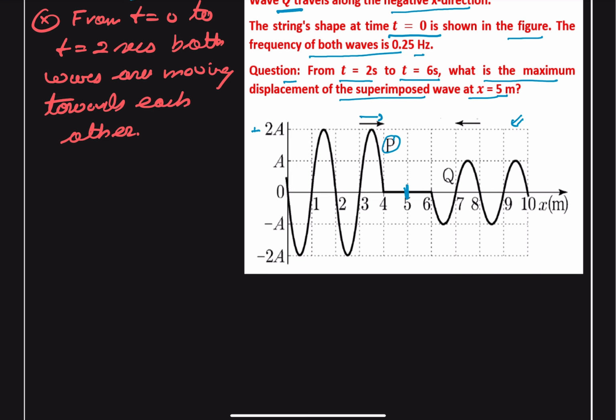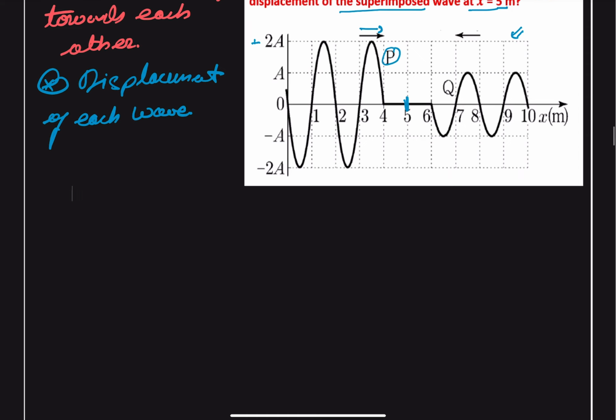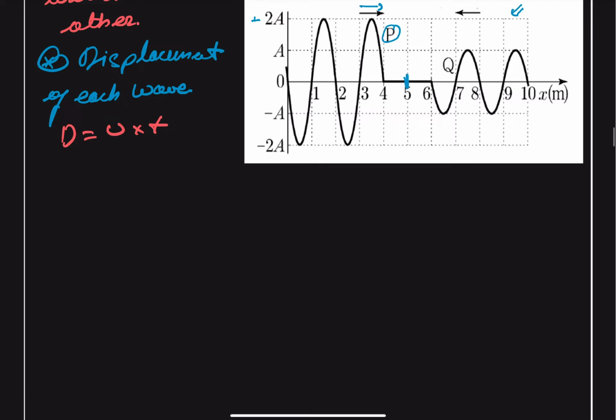The displacement of each wave, if it is given as d, will be equal to v multiplied by t, and the velocity of each wave is given as 0.5. So we get this as 0.5 multiplied by 2, and this comes as 1 meter.